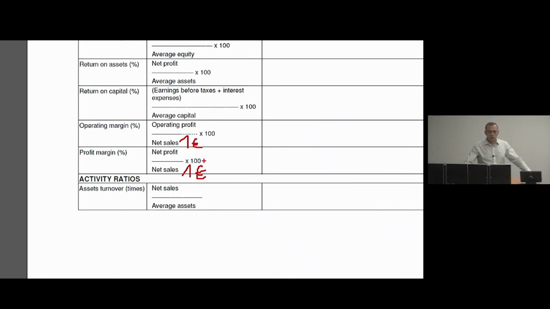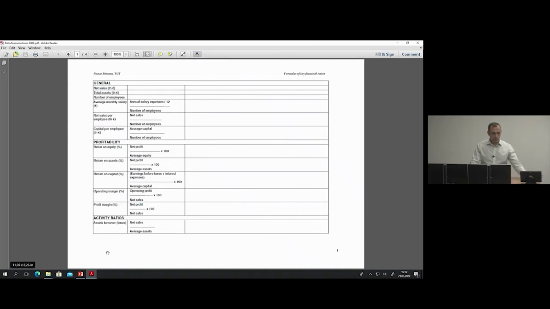Each euro sold generated 28.5 euro cents as operating profit and 18.5 euro cents as net profit. Again, how it compares with other companies in the industry, we will find out when starting our analysis. So these are the sales profitability ratios.